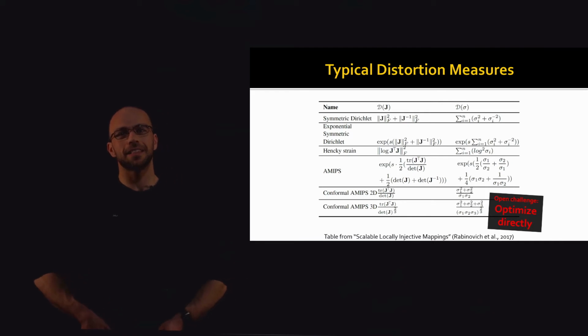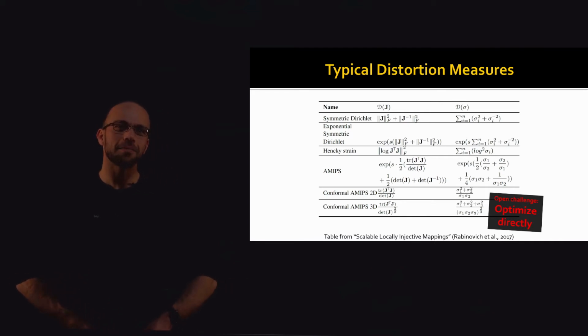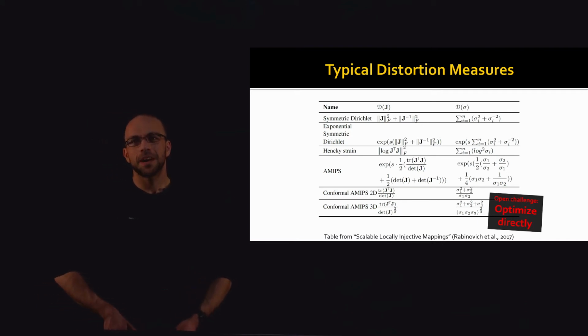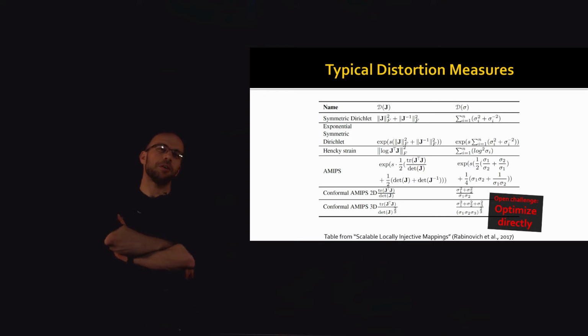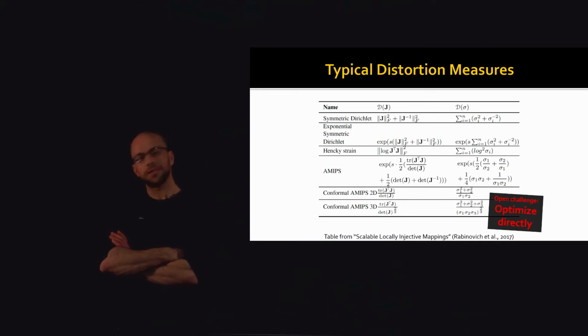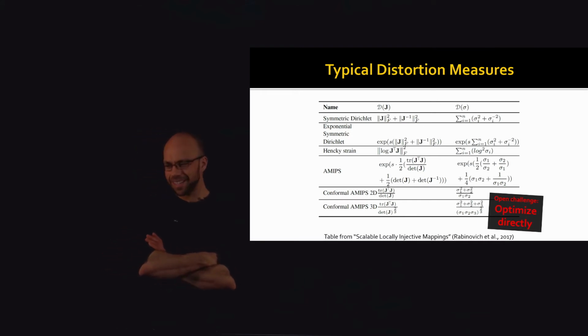So some of the simple ones, like the least squares looking ones, maybe are even optimizable using a linear solve. Others, like the symmetric Dirichlet energy, which involves the inverse of the Jacobian matrix, become much more complicated to optimize in practice, and maybe even become singular when a triangle is nearly going to collapse, to make sure that your mapping is bijective at the end of the day.